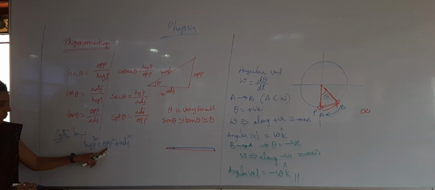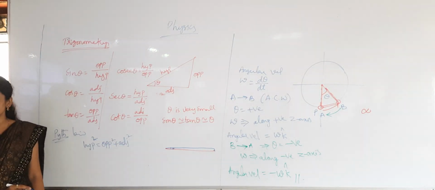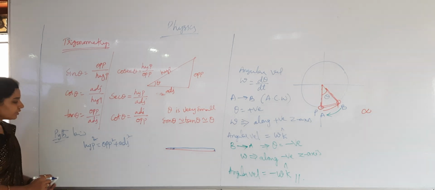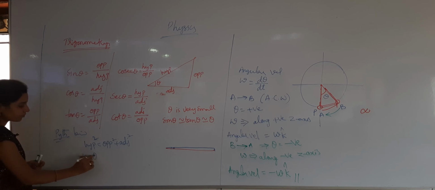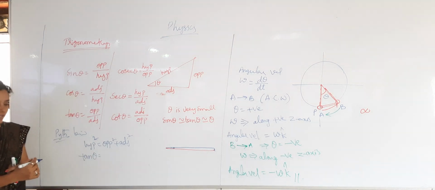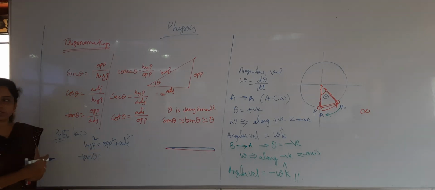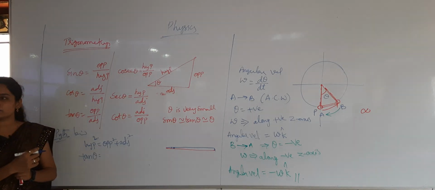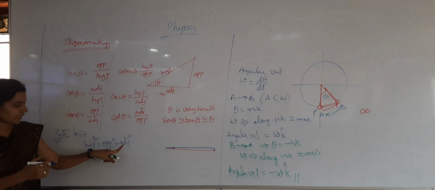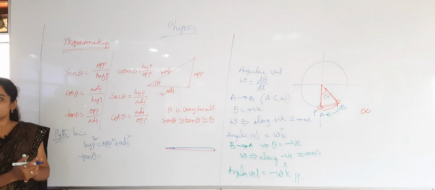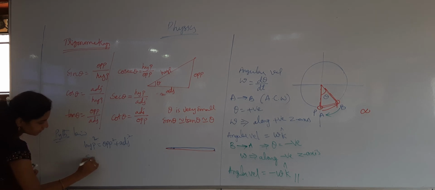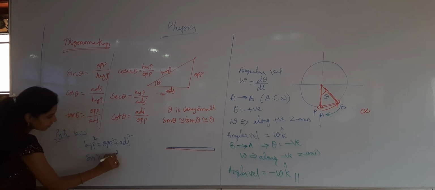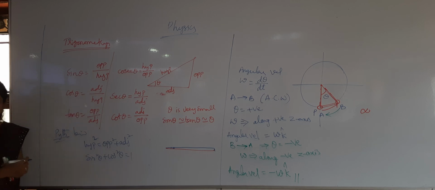So here, whenever I divide by hypotenuse square, opposite by hypotenuse is what? Sin. And adjacent by hypotenuse is what? Cos. So what is the main equation we got? The related equation: sin square theta plus cos square theta is equal to 1.